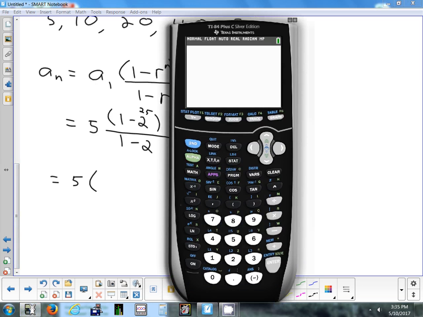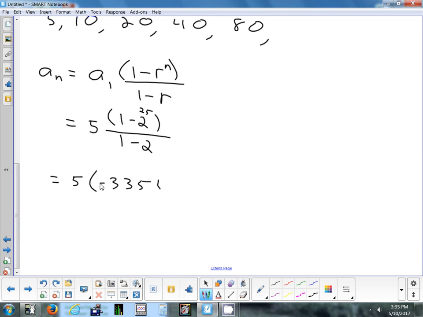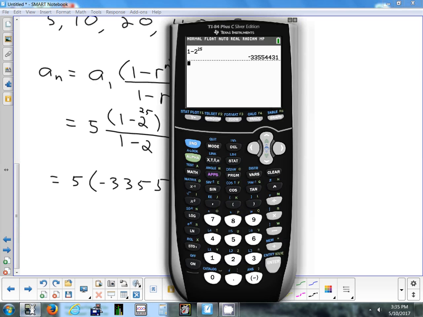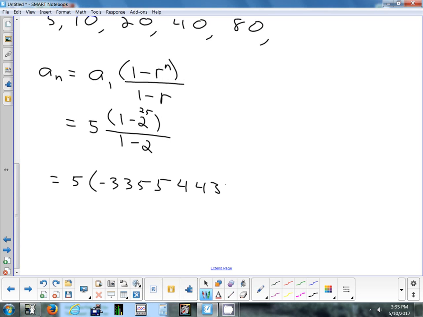That's going to be kind of big. 1 minus 2 to the 25th power. It's negative 33554431. I mean, millions.